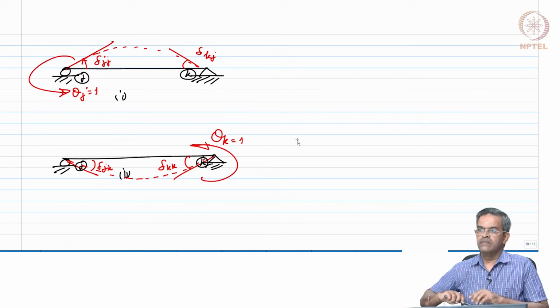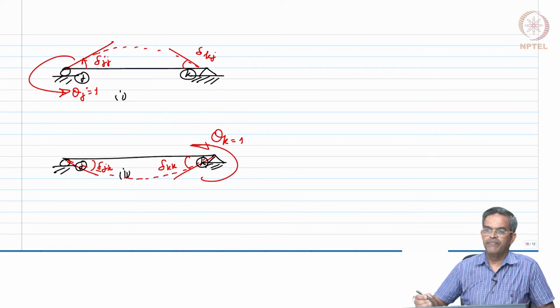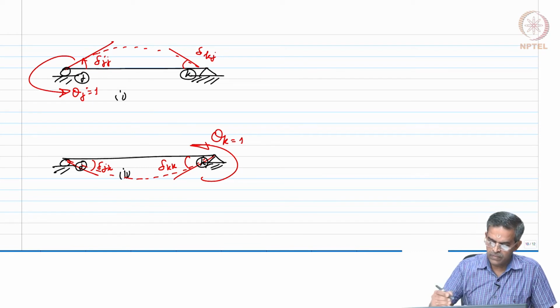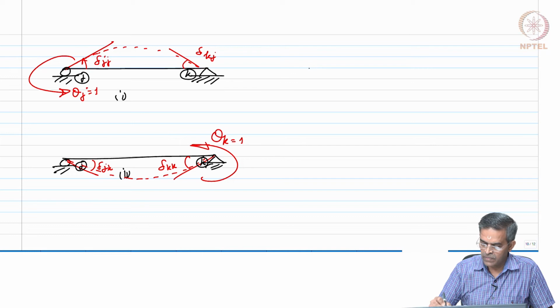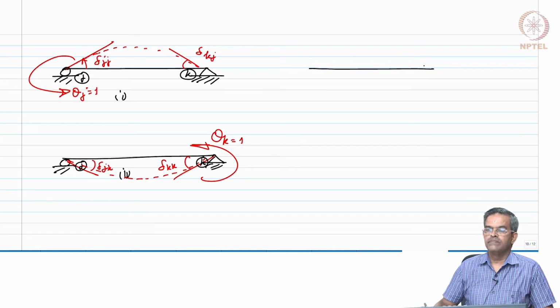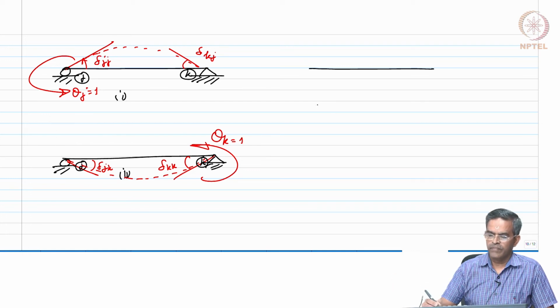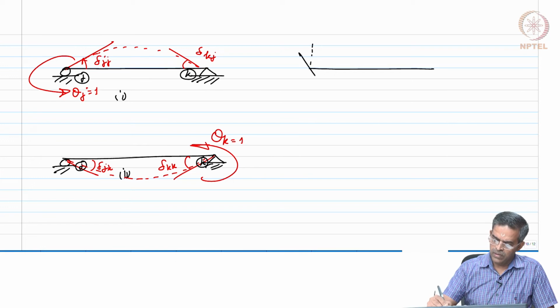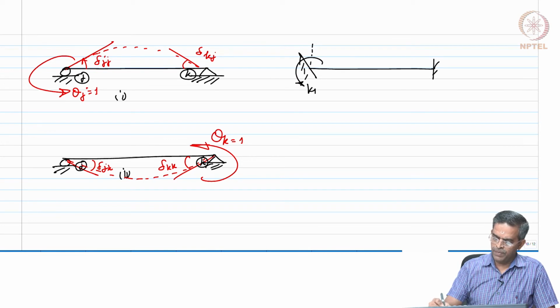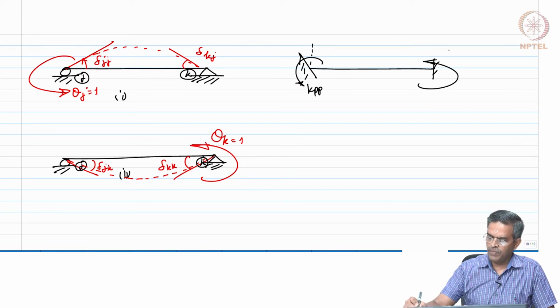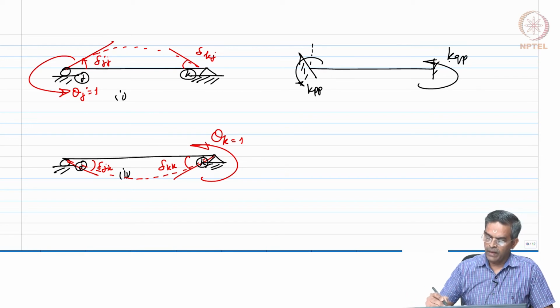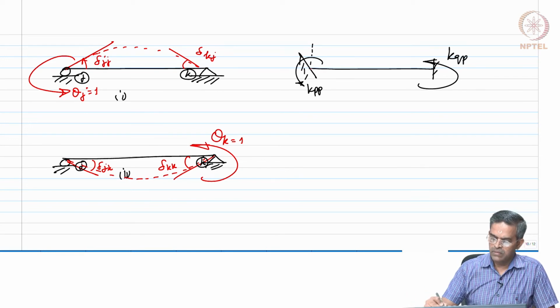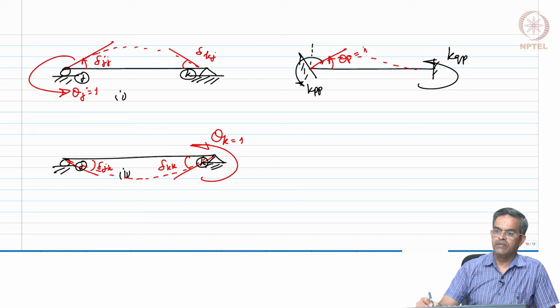I will compare this with our standard member which is initially normal and this is KPP, we know that, and this was KQP and this was theta p, which is unity.